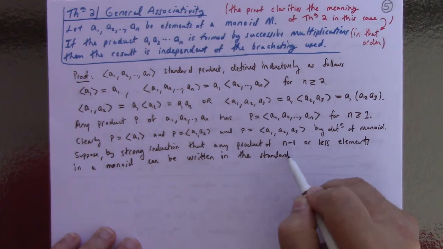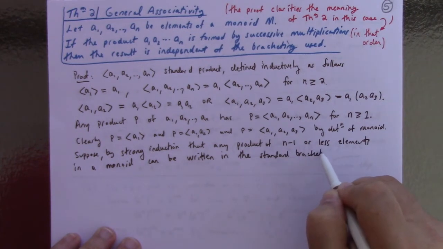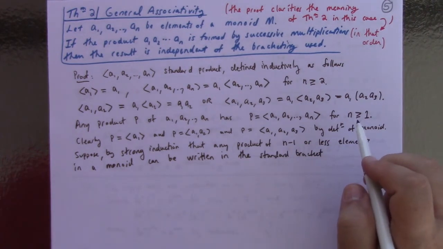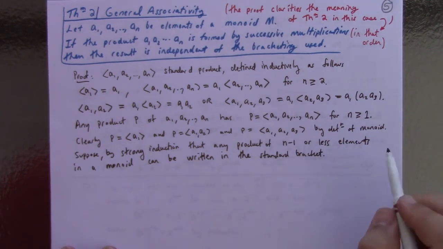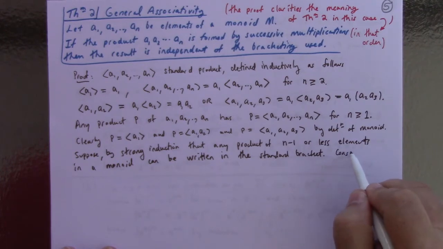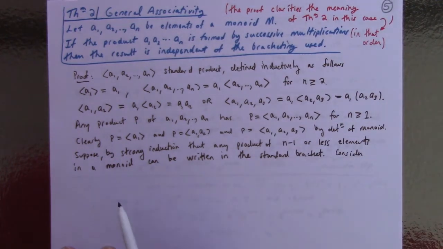In other words, suppose that the order of brackets doesn't matter for any product of n minus 1 or fewer elements. So we want to consider P formed by n of them.